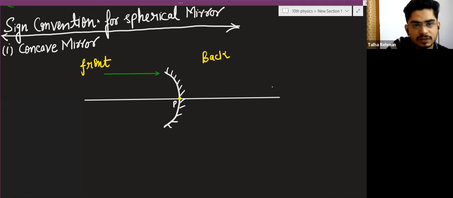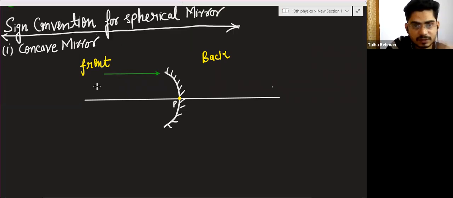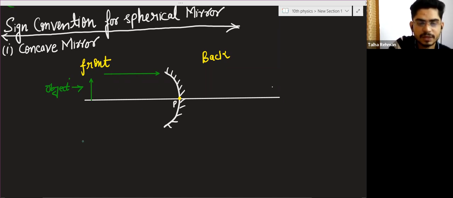This is the object O, placed in front of the mirror, and this is the light ray, the direction of light.